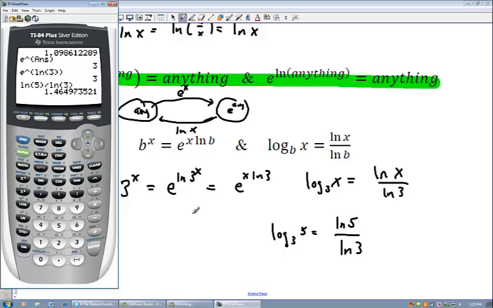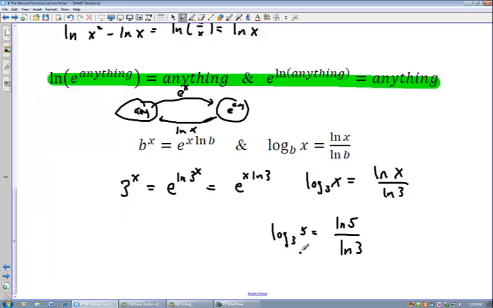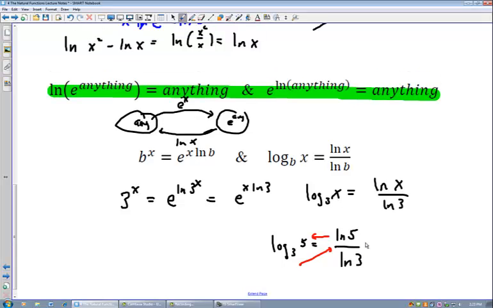And what does this number represent? Well, if you take 3 and raise it to it, you better get back 5. So let's check it out. So 3 raised to that answer, and you get back 5, because that's by definition. Remember, what does the log say? It says this raised to that equals that. So very important. And so those are the rules for logarithms.